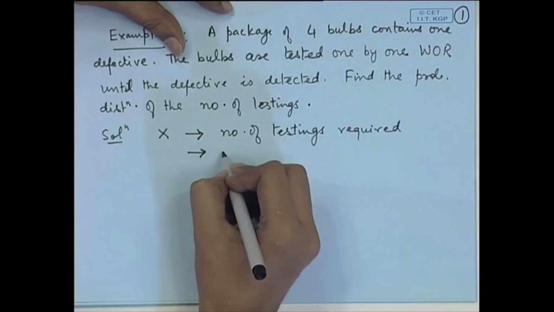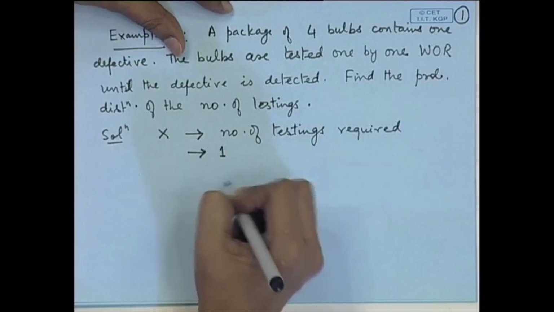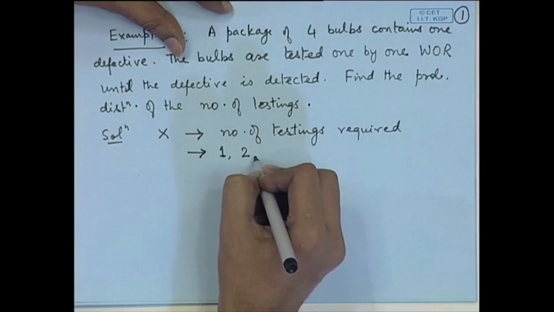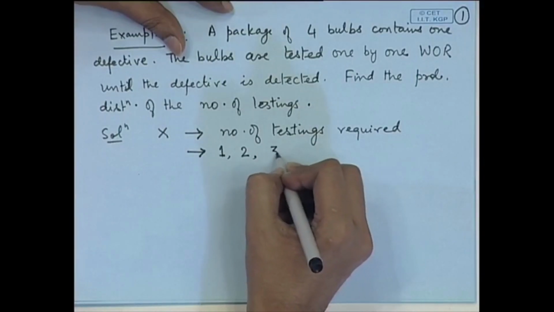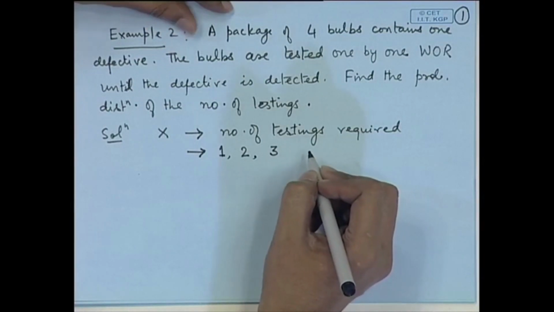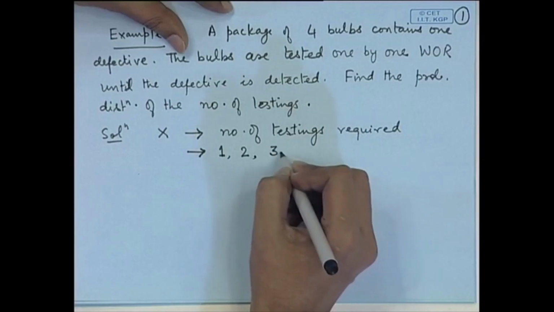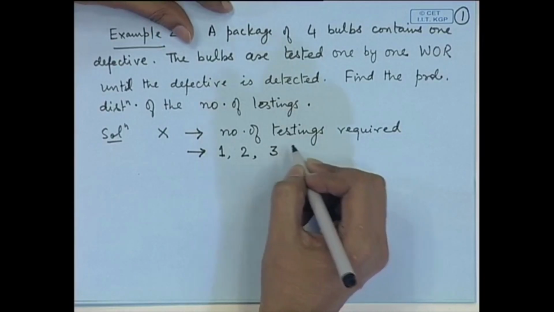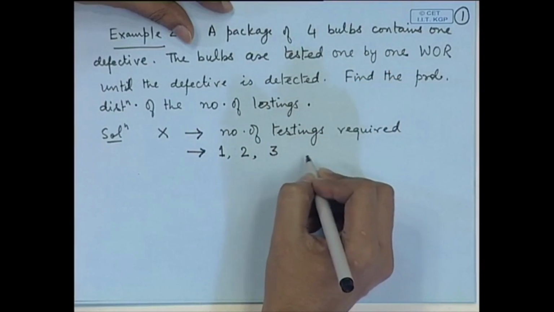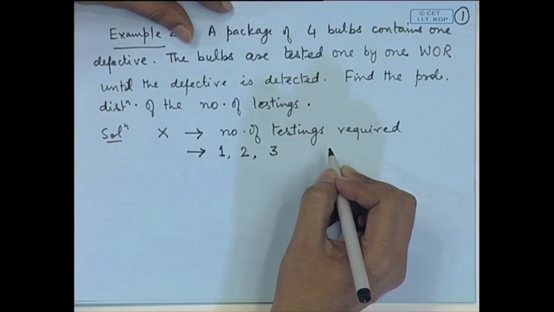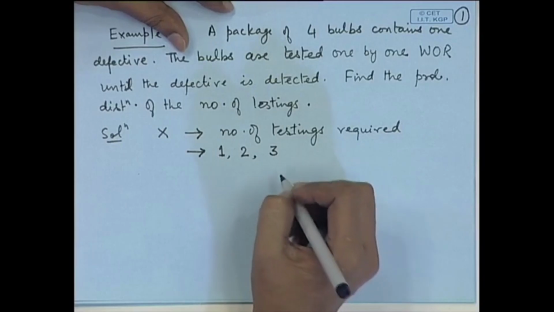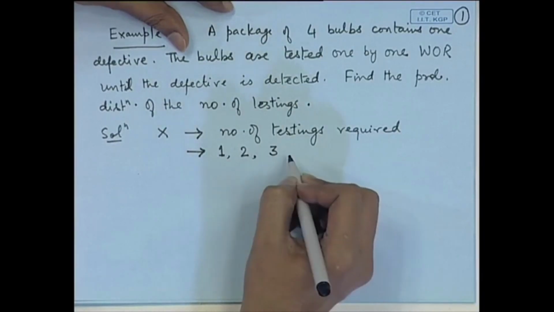Here, if we test once, that itself may be a defective, or if not, the second one may be defective, or if not, the third one may be defective, or if not, the fourth one may be defective. However, if the third one is found to be not defective, since there are only 4 bulbs in the package, the fourth one will automatically be treated as the defective. So, in reality we do not need 4 testings, we need only 1, 2 or 3 testings.